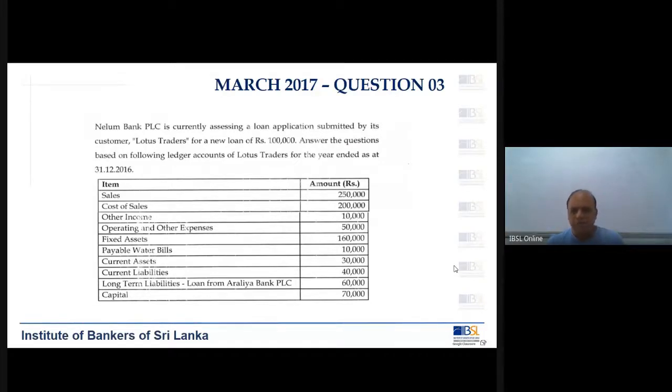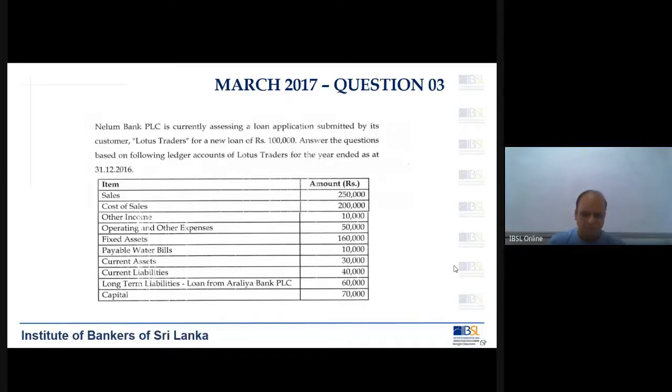Can we take one minute and do it quickly? Yes, first item, sales. Sales is an income. Cost of sales, an expense. Other income is an income. Operating and other expenses, an expense. Fixed assets, that is an asset.